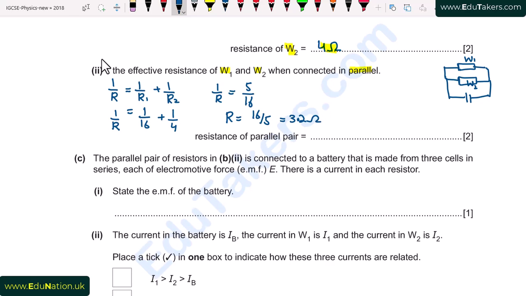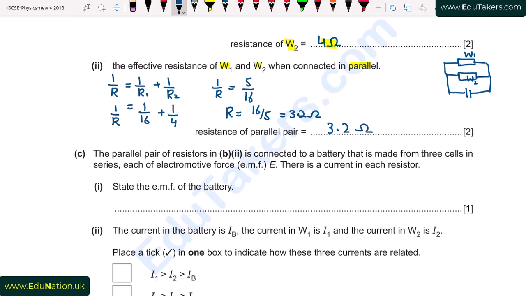So the effective resistance when both of these are connected in parallel is 3.2 ohms.